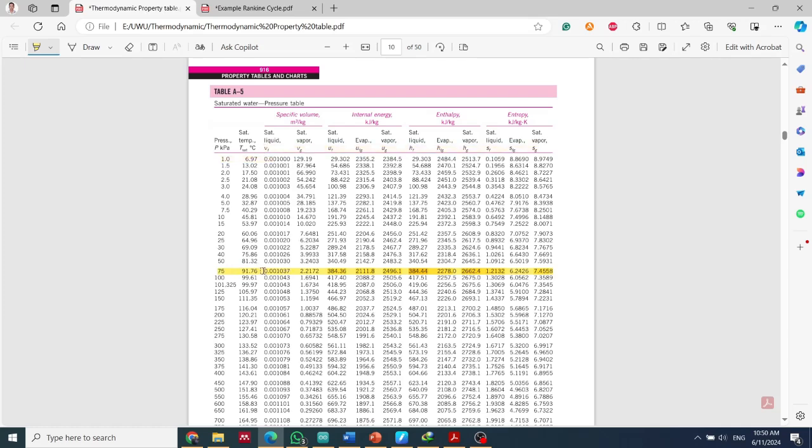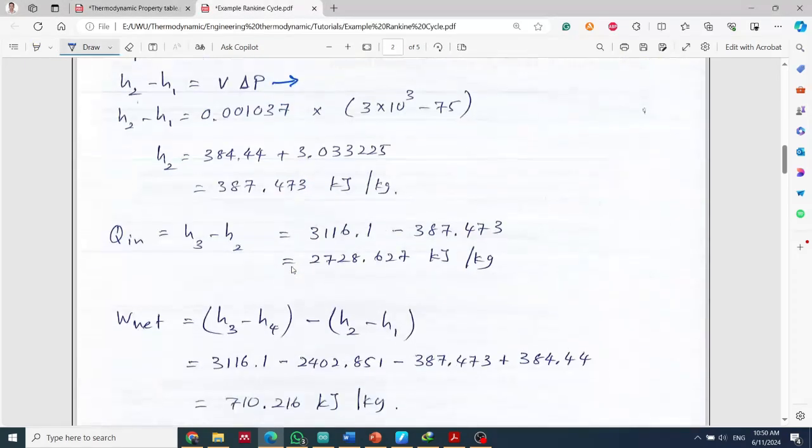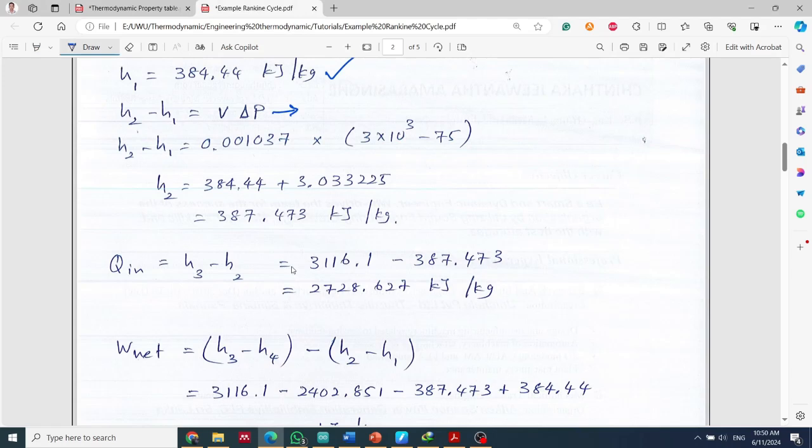Okay, so the volume is 0.001037, the specific volume of fluid. So we can write V equal to 0.001037 multiplied by delta P. Delta P is 3 megapascal minus 75 kilopascal.